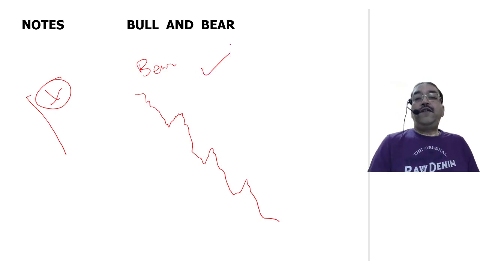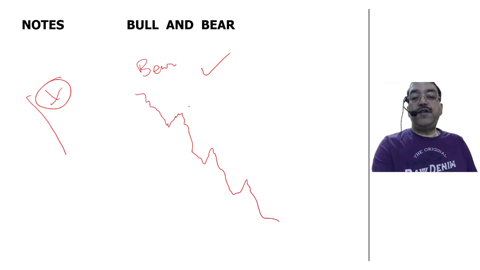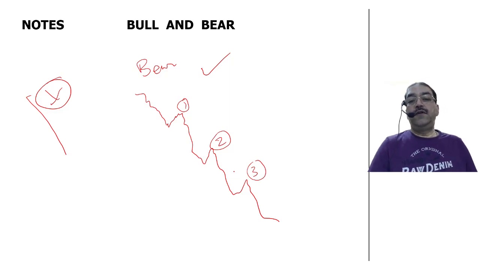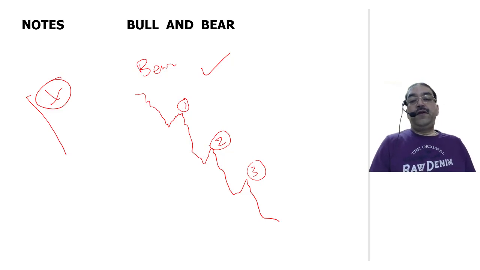So now, as I defined the bull phase, how will I define the bear phase? The bear phase is one in which successive highs, which are the highs here? These are the highs. One, two, three. Where every successive high is lower than the previous high.